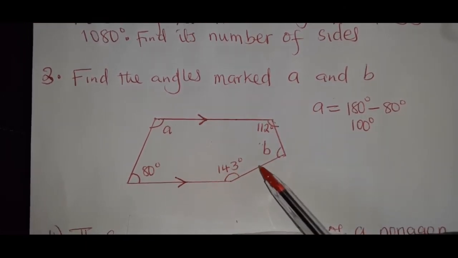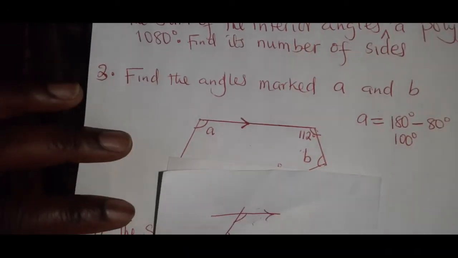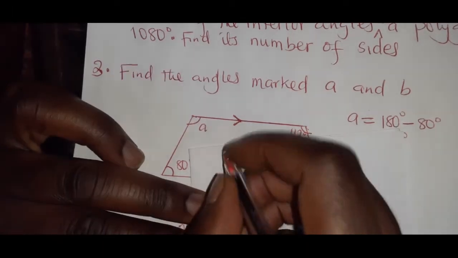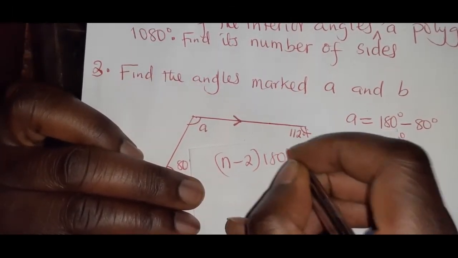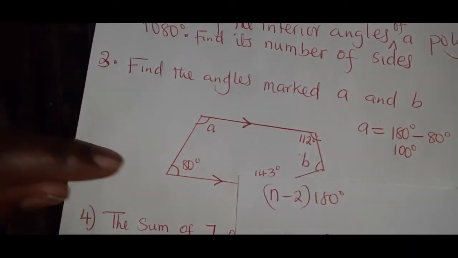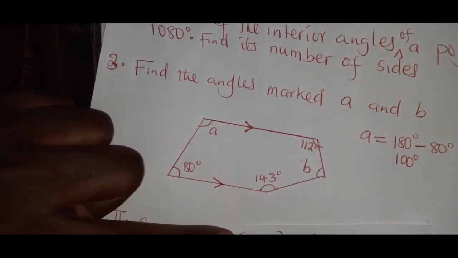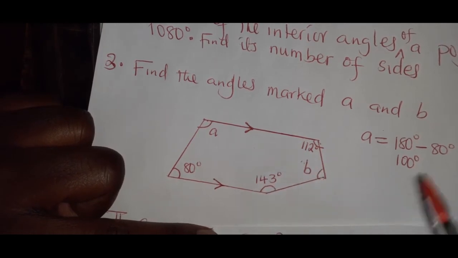This has 1, 2, 3, 4, 5. This polygon has 5 sides. Because we're dealing with interior angles here, when we add all these 5 angles, they must give us what?